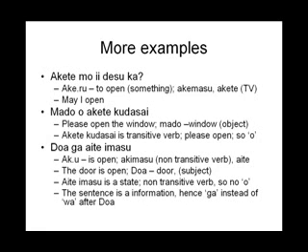Next example is Doa ga aite imasu. Doa means door. Aite imasu is an expression indicating a state of the door being open. The plain form verb here is aku, a group 1 verb. This is different from akeru we saw in the previous example. Now both mean open. While akeru is the transitive verb referring to the action of opening, aku is the non-transitive verb indicating the state of being open.